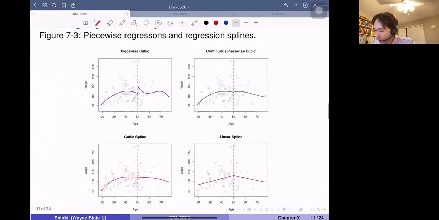These are some curves. If you just fit a cubic curve for each of 2 time periods, it looks strange. It's not continuous. If we restrict the function so that the value is the same at the knot point, then we have this cubic curve and this cubic curve, but it still doesn't look natural because we don't have a smooth point here.